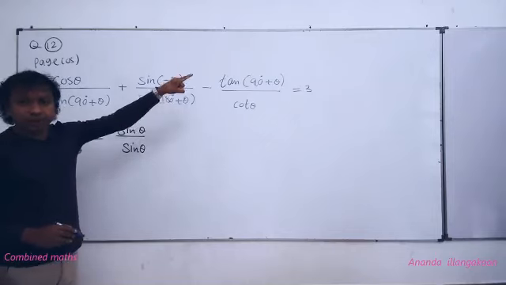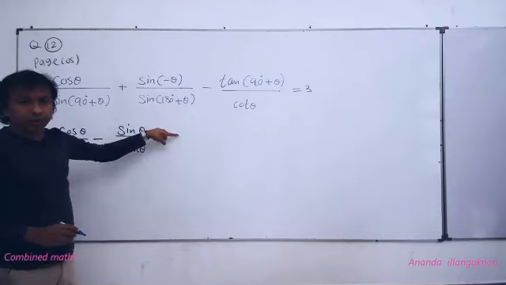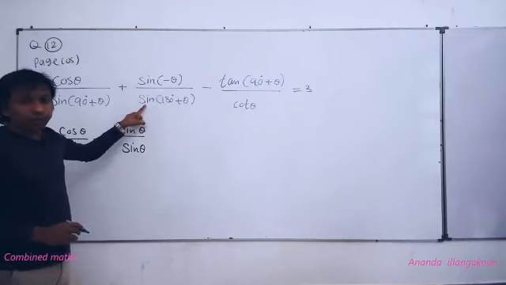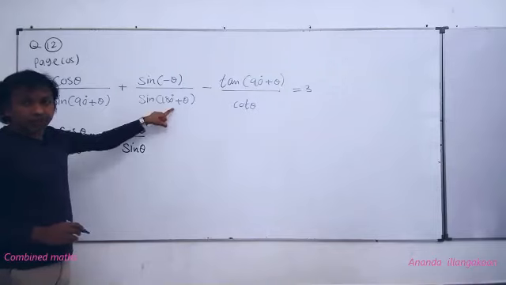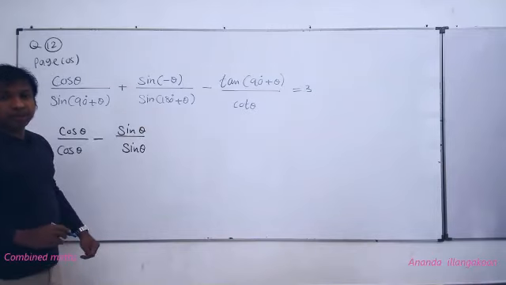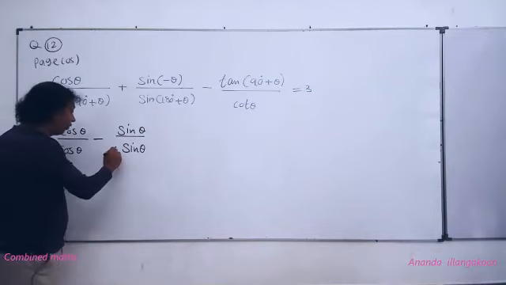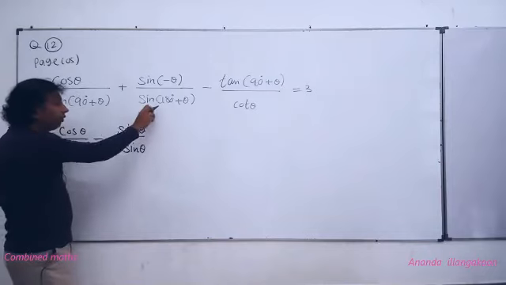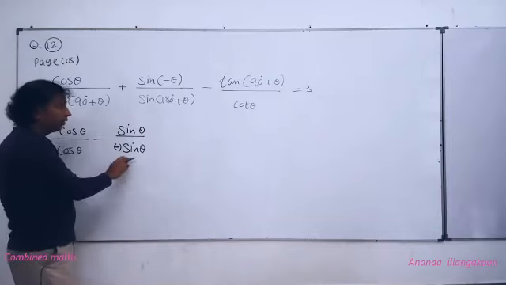First quadrant, second quadrant, third quadrant. You know, in the third quadrant only tan is positive. Sine and cos both are negative. Third quadrant sine is negative, so we have to put a negative sign here. That means sine 180 plus theta is minus sine theta.